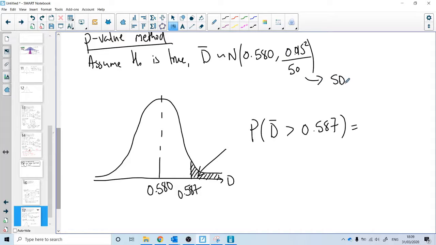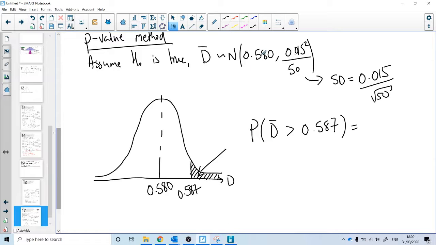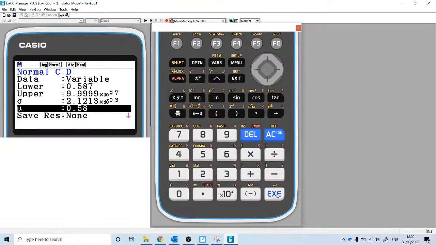So the standard deviation of d bar is going to be the square root of this fraction, which is 0.015 over root 50. So let's put that into our calculators. 0.015 divided by root 50. And mu is 0.58 because that's our mu under H0.